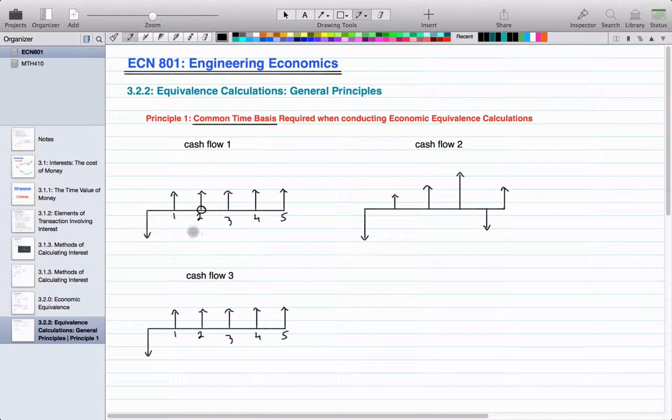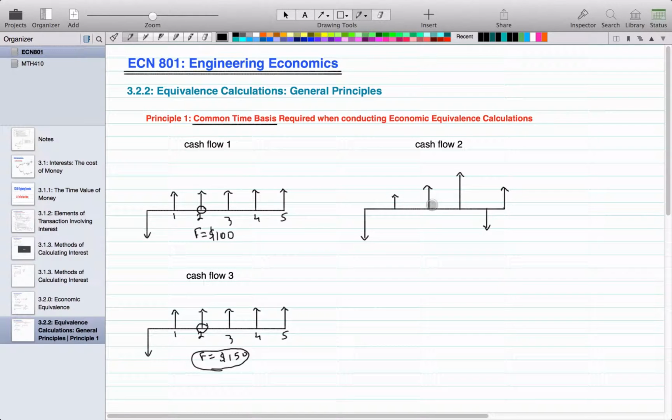So if your future worth at this period is equal to $100, for example, and your future worth at this same period is equal to $150, you would choose this one. Likewise, not all your cash flows will be the same.